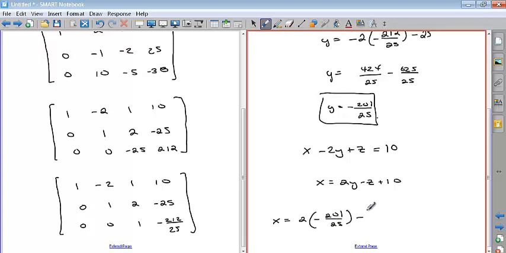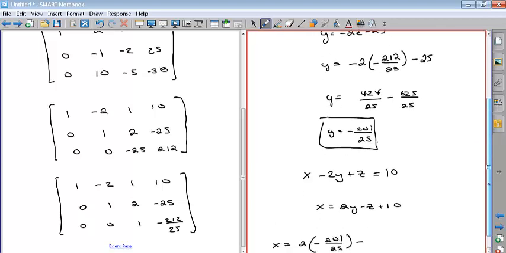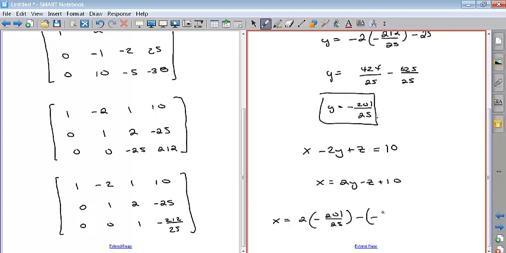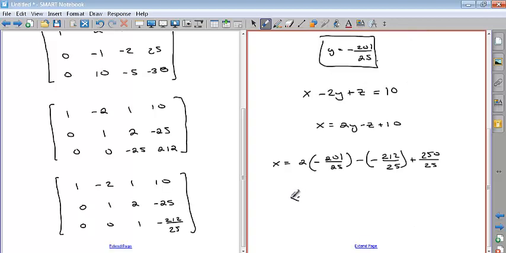I subtract z, which was negative 212 over 25. And then I add 10, but 10 is 250 over 25. So I'll get negative 2 times 201 is 402 plus 212 plus 250, all divided by 25.